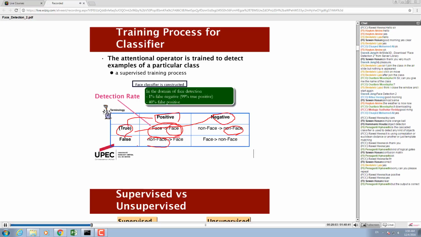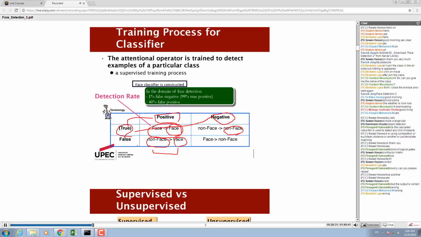So the third one: when I input a background region, a non-face image, and the classifier is saying face. It is a positive answer. Is that correct or wrong? In this case, from non-face to face, it is a wrong answer.